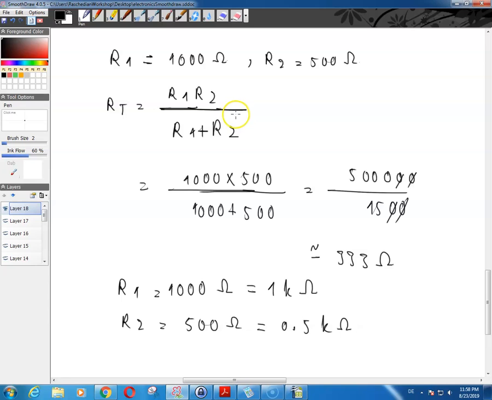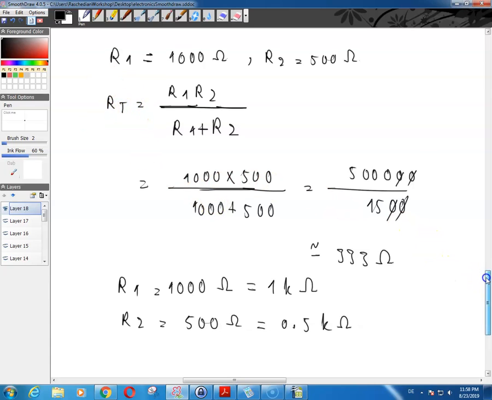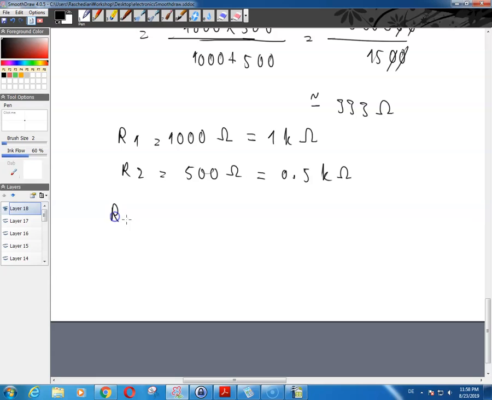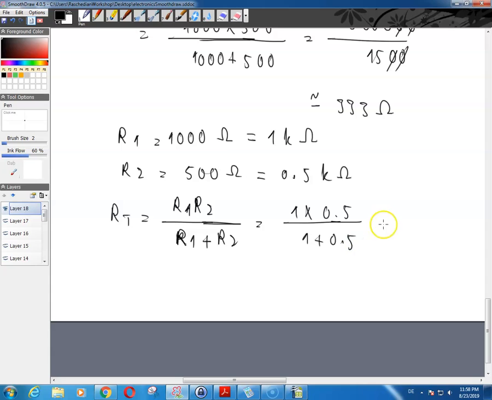And of course, when you do that, your R of t, you will get in kilo ohm, not in ohm anymore. So in this case, your R of t is going to be equal to R1 R2 over R1 plus R2, which is 1 times 0.5 over 1 plus 0.5. As you can see, this is 0.5 over 1.5.